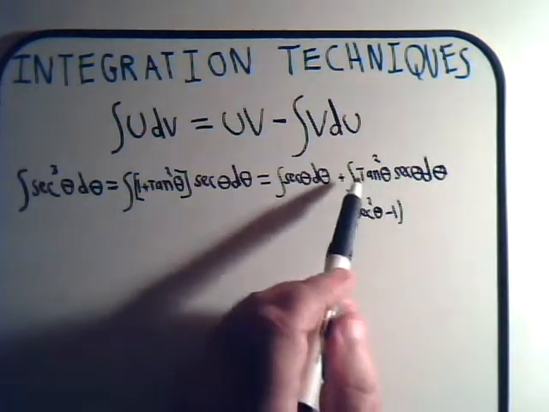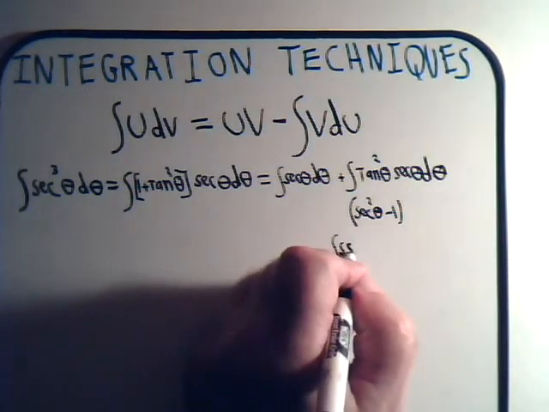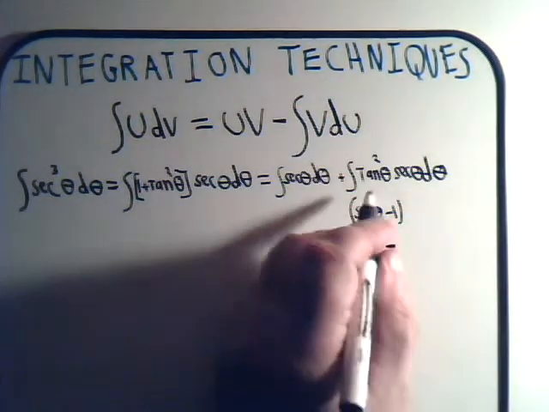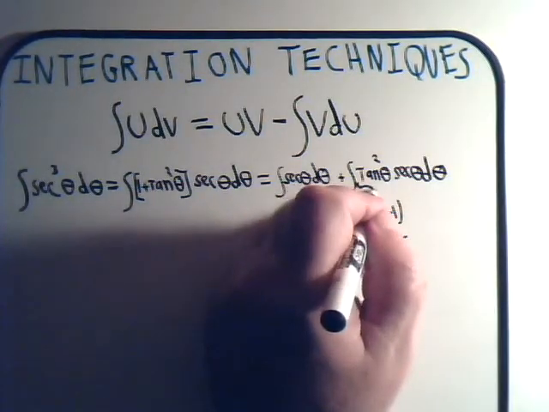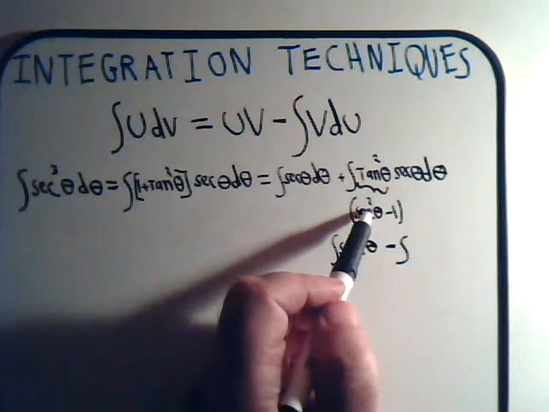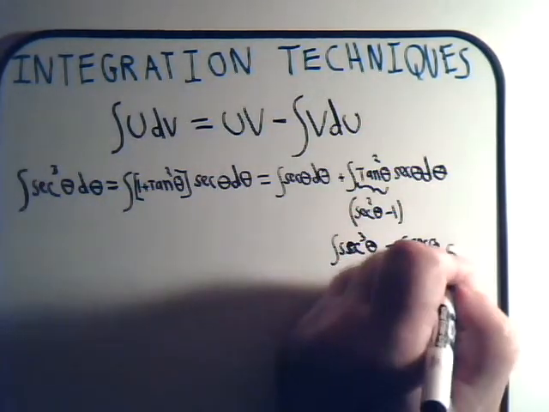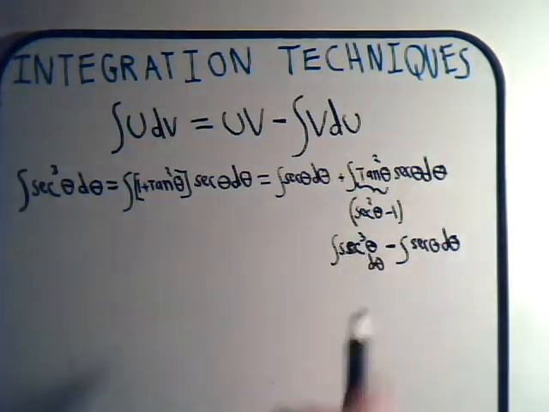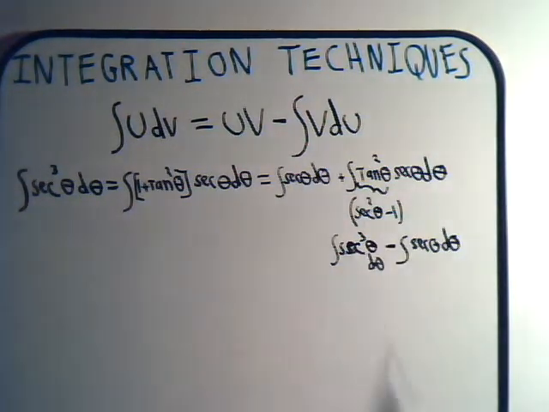Here we would have the integral of the secant cubed of theta minus the integral, substituting this for the tangent squared, secant cubed of theta minus the integral of secant of theta d theta. Bring this over to here, that subtracts out to 0, and these add up to 0, so at this point we're just going around in circles.